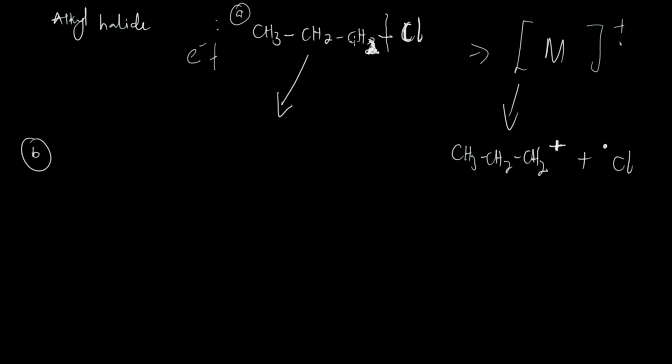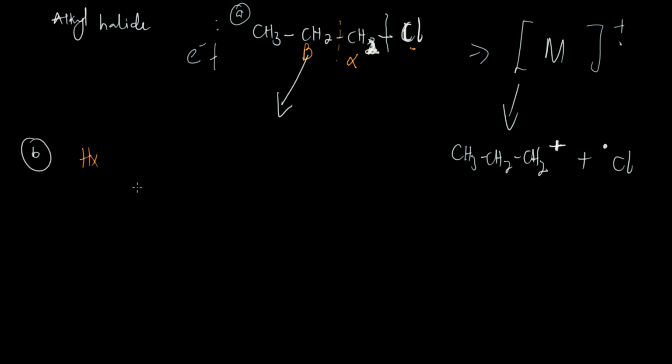Let's call this the alpha carbon, because it's the carbon that is attached to the functional group. So this is the beta. In this second case, loss of HX, the first one occurred at the alpha point. The second one will occur between the alpha and the beta. So we're going to cleave here.